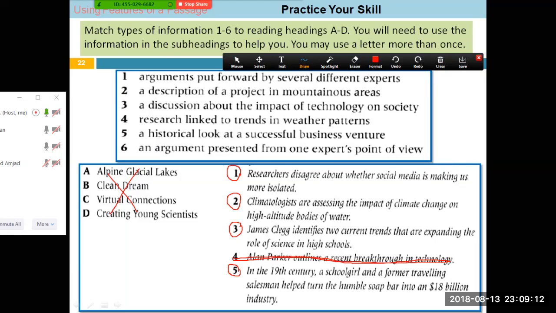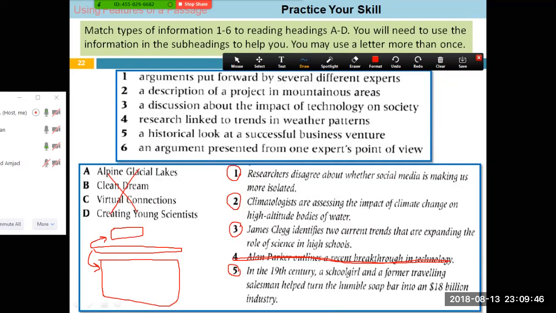What does this mean? I told you that a heading alone does not give you any idea what it means. It is actually the subheading that tells you the context of the heading. Similarly, this subheading tells you what type of information you can find in the passage.